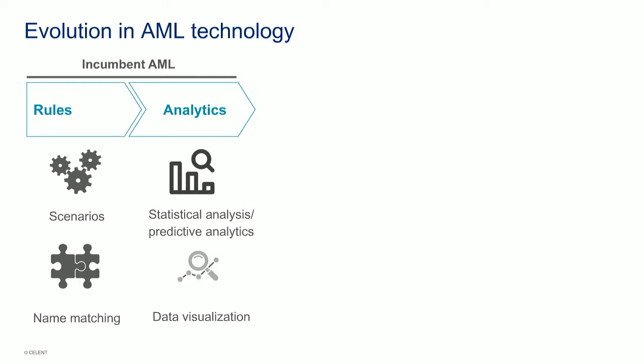Also, maybe in the incumbent world, we can even point to more advanced analytics being used, such as statistical or predictive analytics that can identify patterns, correlations, clusters of activity. These technologies have been around for a long time.